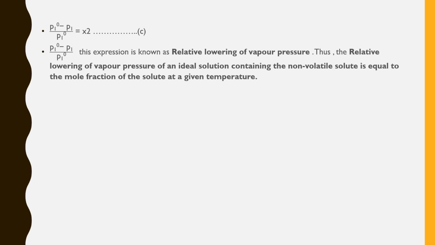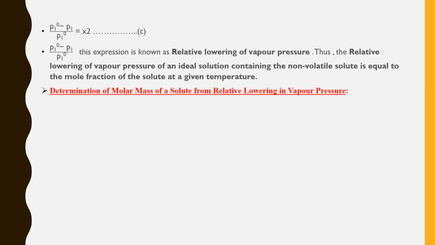This expression is known as relative lowering of vapor pressure. Thus, the relative lowering of vapor pressure of an ideal solution containing a non-volatile solute is equal to the mole fraction of the solute at a given temperature. So this is the expression for relative lowering of vapor pressure.